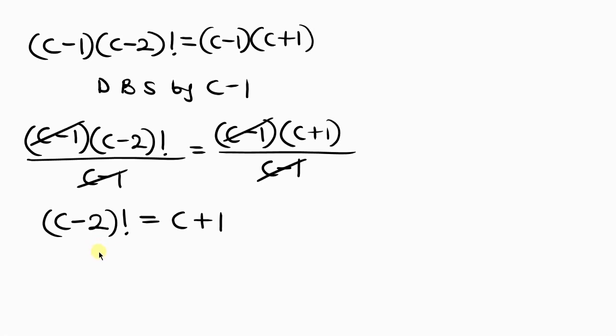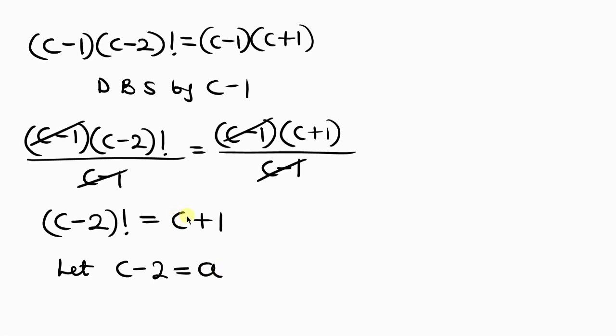Now our next step will be for us to apply substitution. So we can say let c minus 2 be equal to a. That means wherever I see c minus 2, I'm going to be substituting a.